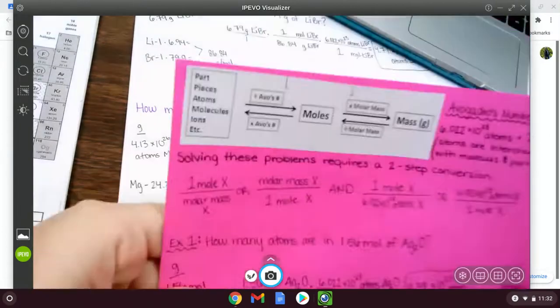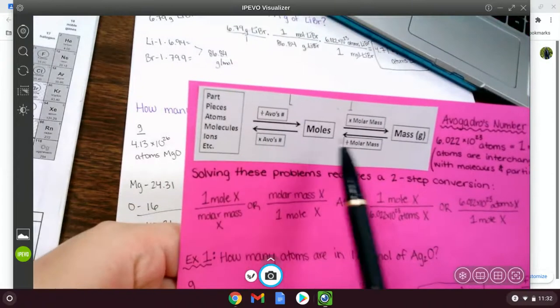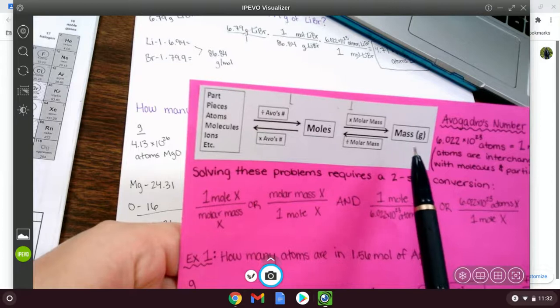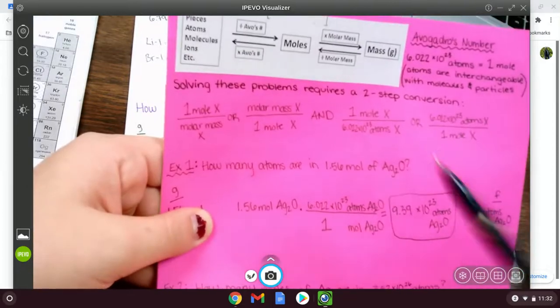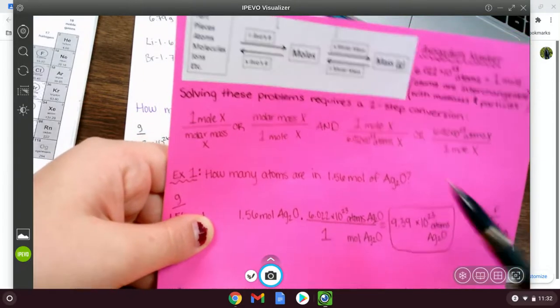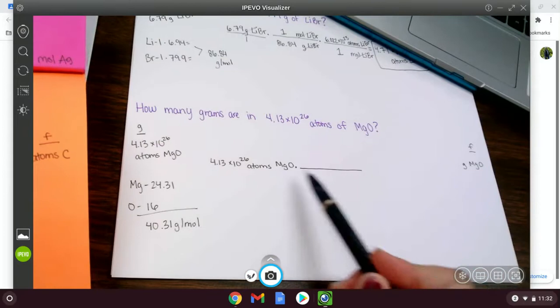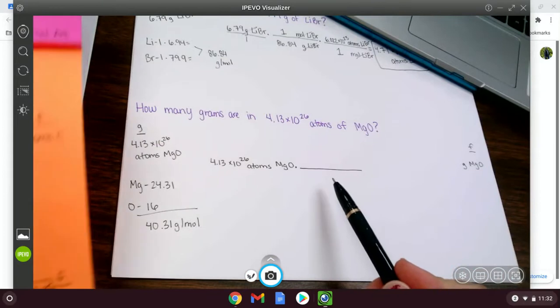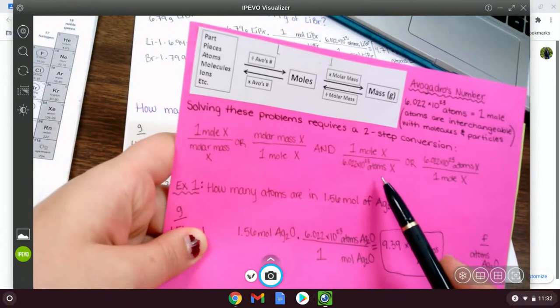Looking at the flow chart, we're going from atoms through the mole to grams. So that means we're going to start with one of these conversion factors. We have atoms on the top here, so I need atoms on the bottom to get them to cancel out. So I'm going to use this conversion factor.